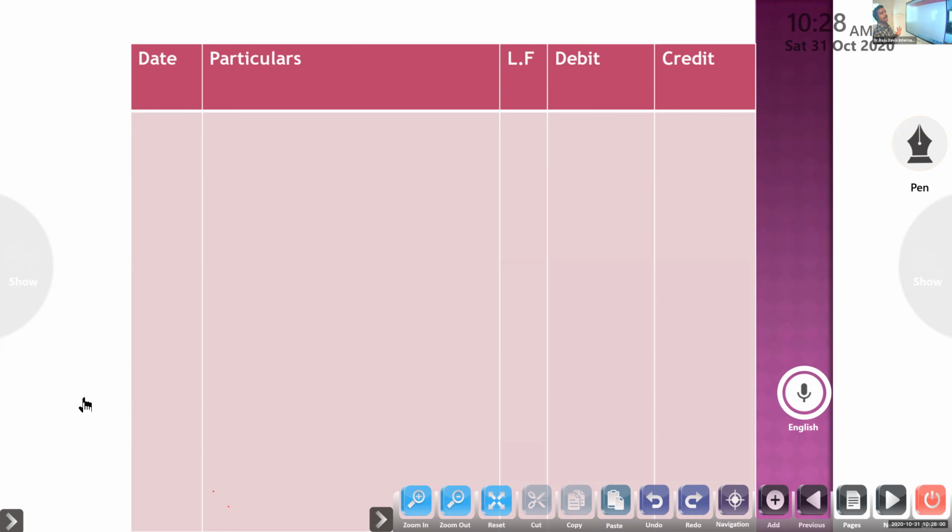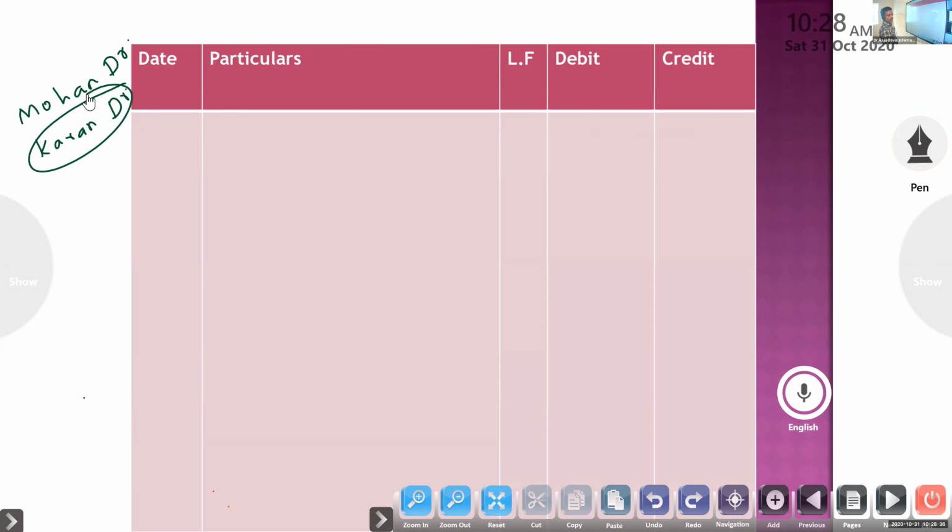Credit sales to Mohan, sold goods to Mohan. Sir, debit. Yes, Mohan is debit. So instead of Mohan, they debited Karan. It is wrong.